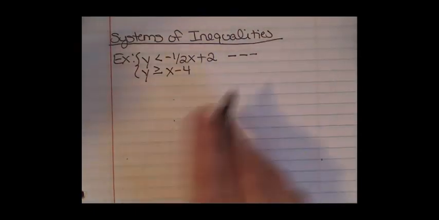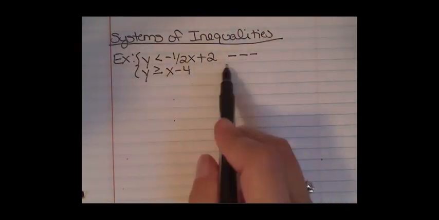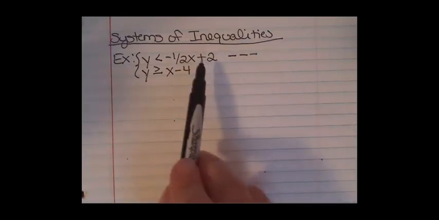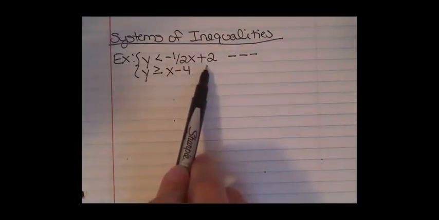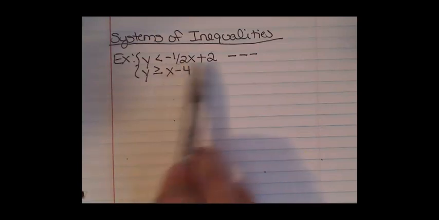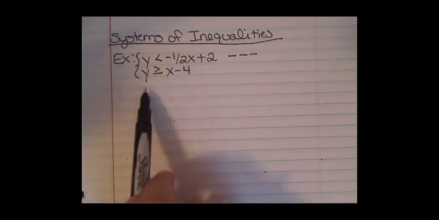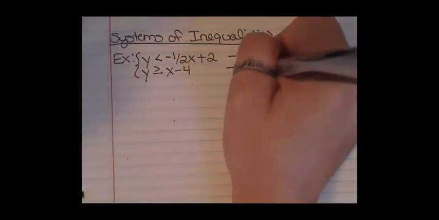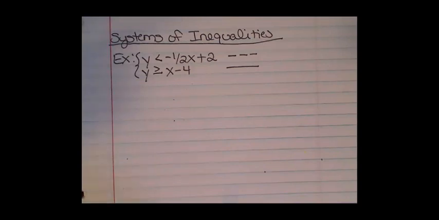And if you need to do notes over here like I'm doing, until you get used to doing that, I recommend it. And then we have our y-intercept, and we have our slope, so we should be able to graph this one fine. This bottom one, that's a greater than or equal to, so we're going to have a solid line. And then we have our y-intercept and our slope.